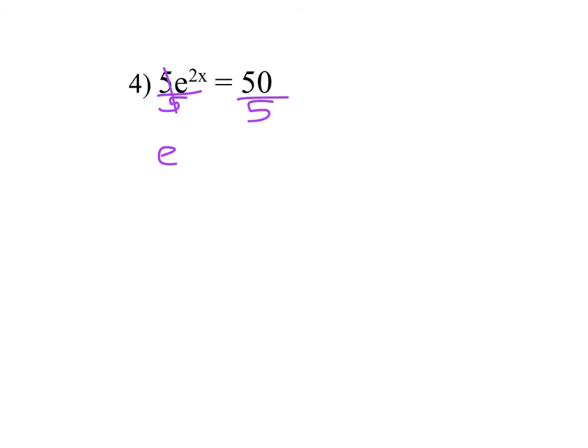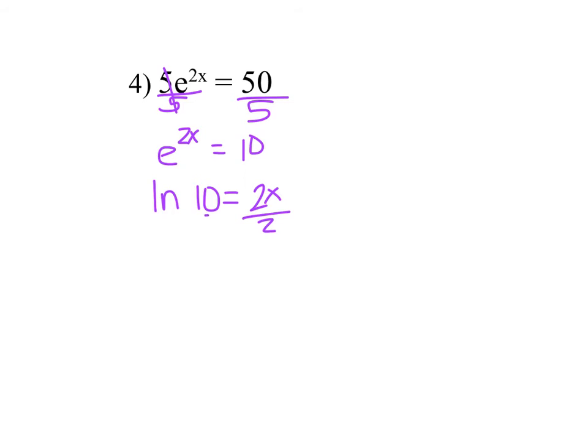Alrighty, solve. 5 must be gotten rid of. That's e to the 2x equals 10. So it's log base e, which we all know is just ln. So log base e of 10 is equal to 2x.